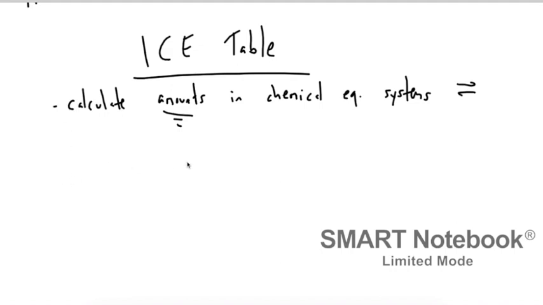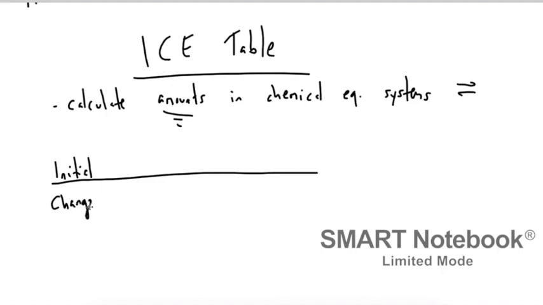You're going to set up a table, and the I stands for initial, which gives you a spot to write all of your initial quantities. The C stands for change. That is where you write what change takes place in your substances.